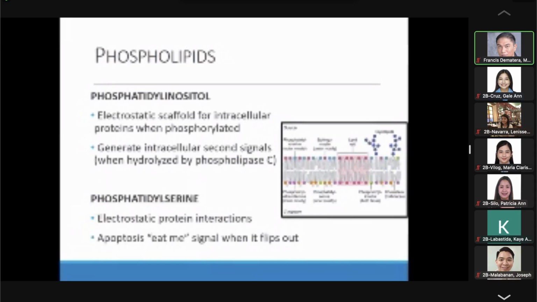So phosphatidylserine, this is normally restricted to the inner surface, where it confers a negative charge involved in electrostatic protein interactions. However, when this is seen in the extracellular leaflet, it becomes a potent signal during programmed cell death, such as in apoptosis. In platelets, it is a cofactor in blood clotting.